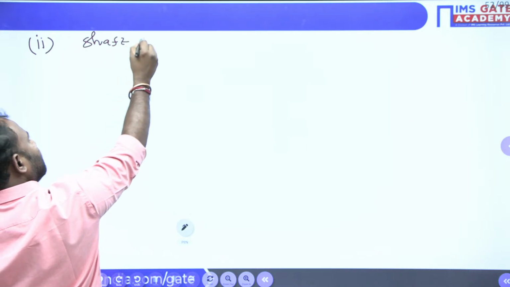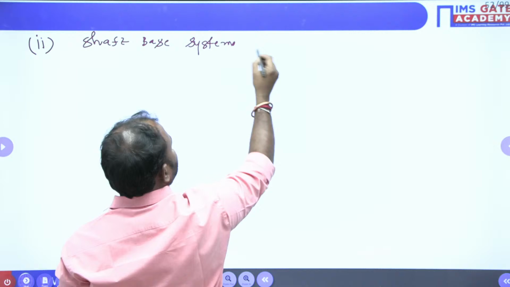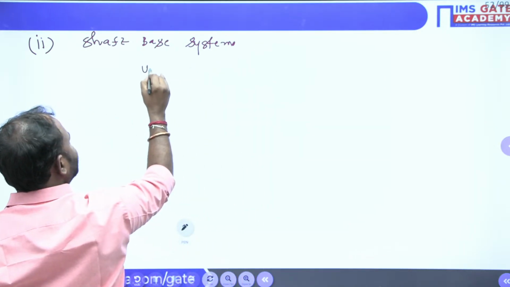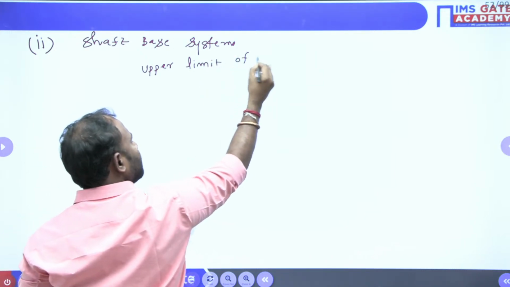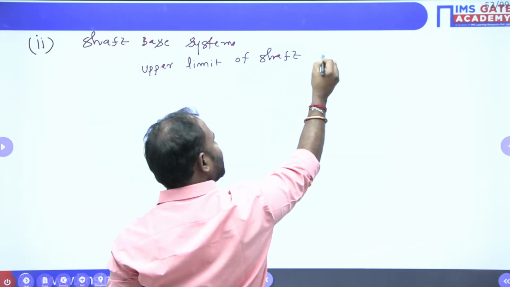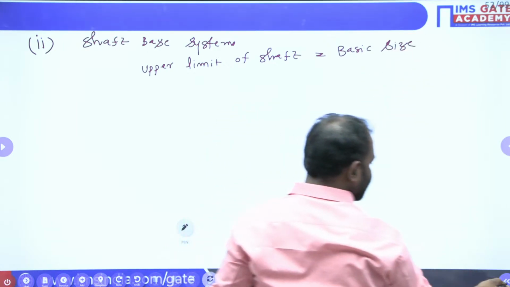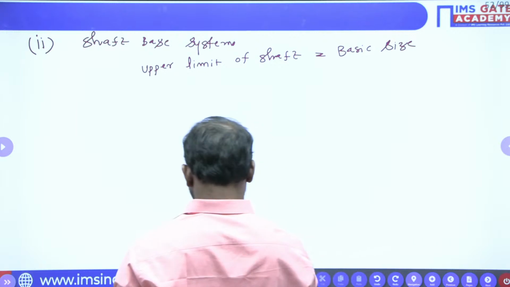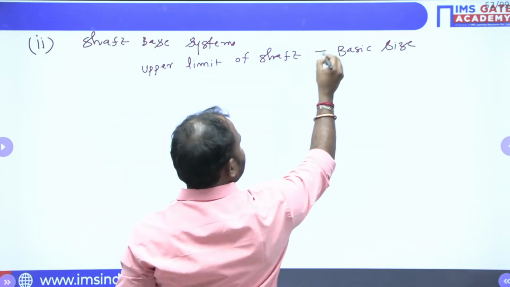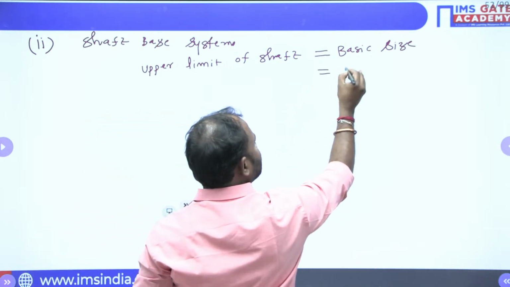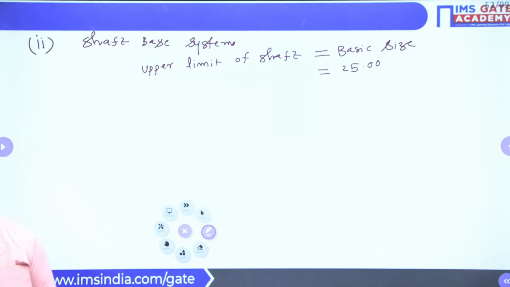In the shaft base system, upper limit of shaft is equal to basic size. Now here the basic size is 25.00. Yes, guys, 25.00.